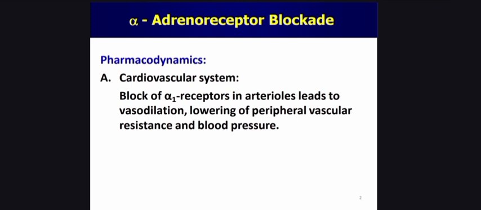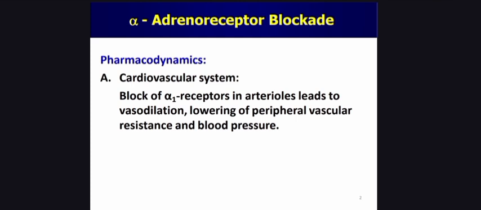When the blood vessels are constricted, we're going to have an increase in the peripheral vascular resistance. When the blood vessel is dilated, we're going to have a decrease in the peripheral vascular resistance. So the more peripheral vascular resistance, or blood vessel constriction, the higher the blood pressure, okay?